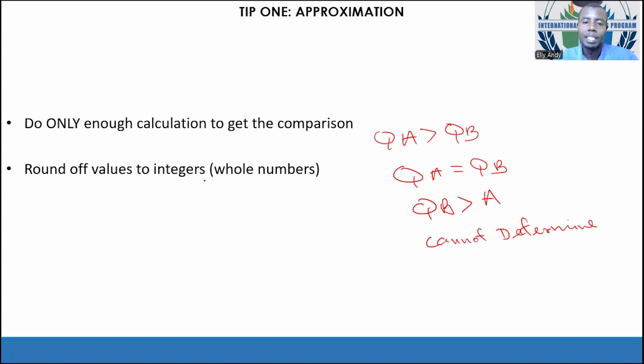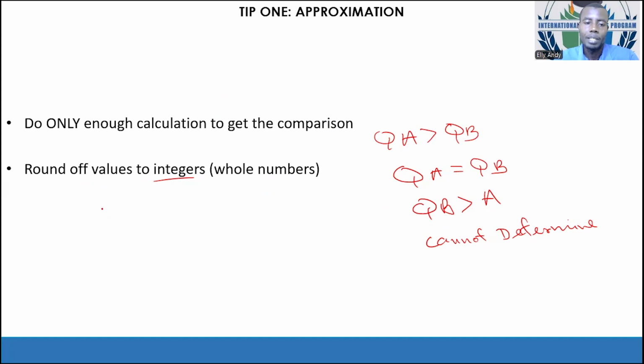And in many cases, this will call for you to round off the figures you are dealing with to whole numbers, that is integers, because these are fundamentally easier to deal with compared to fractions or decimals.